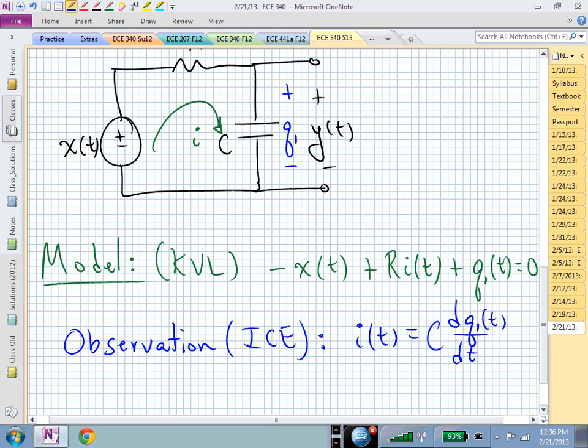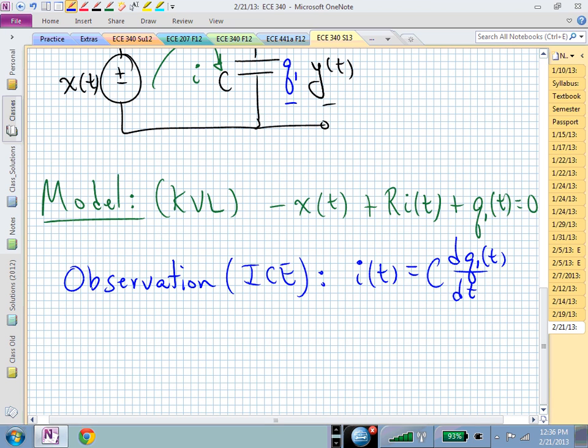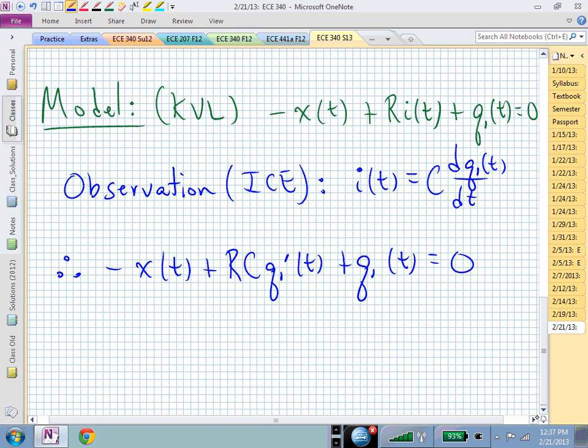We can now use this i to replace the i in our true representation of the system dynamics and end up with the state-space relationship or differential equation that we need. We have minus x of t plus RC q1 prime of t plus q1 of t is equal to 0.